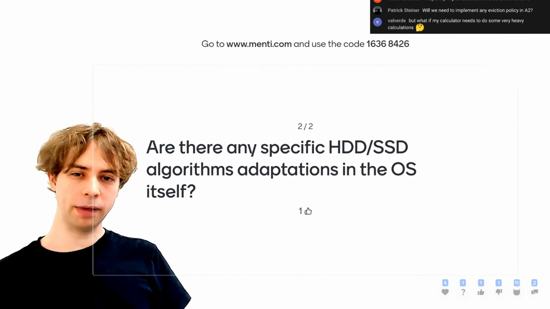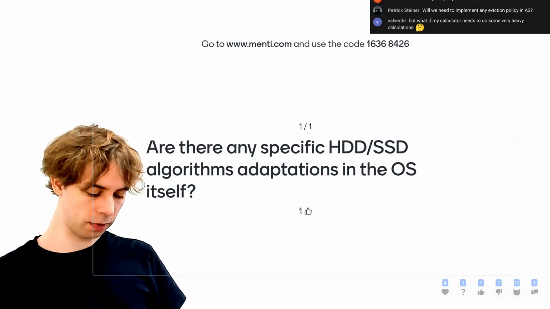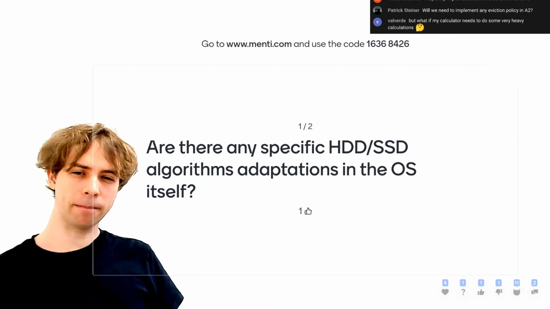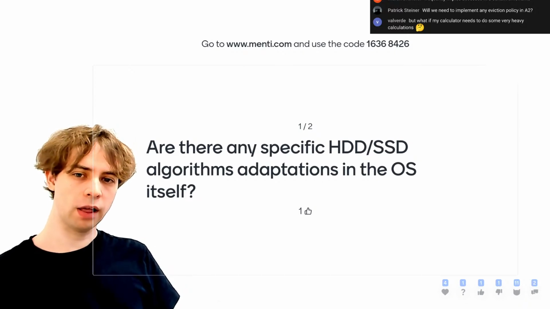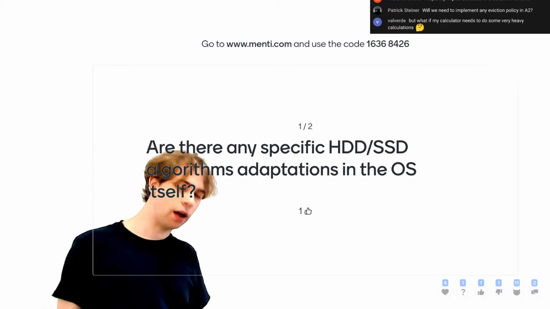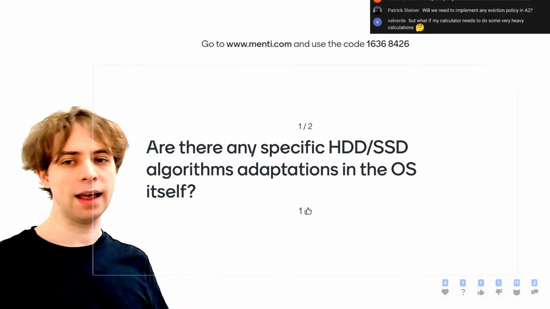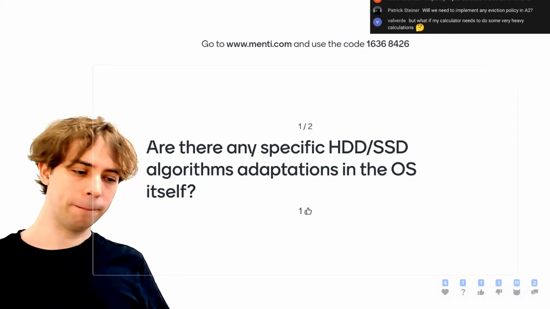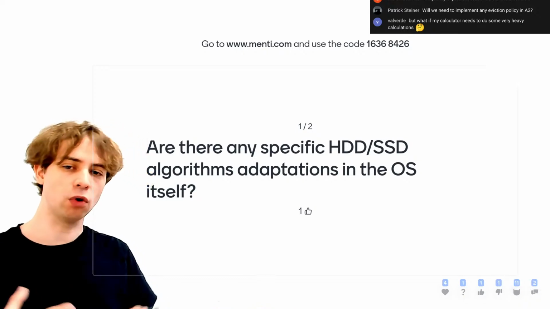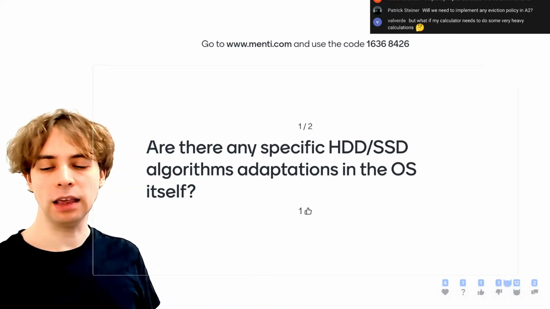Are there any specific HDD or SSD algorithms? Adaptions in the OS itself. Yes, so for SSDs or HDDs, there is a different handling, especially you want to group writes together so that you don't perform too many writes, for instance, to an SSD.